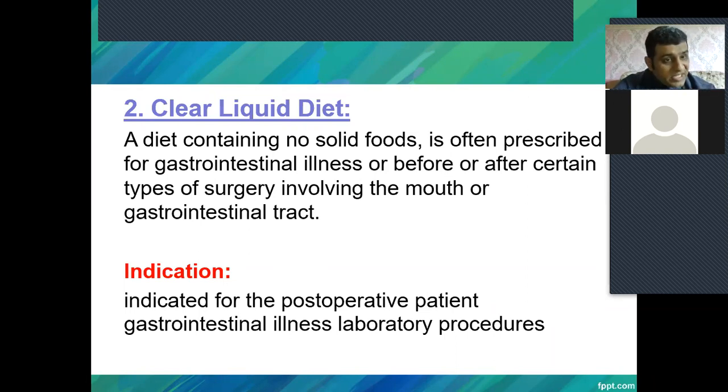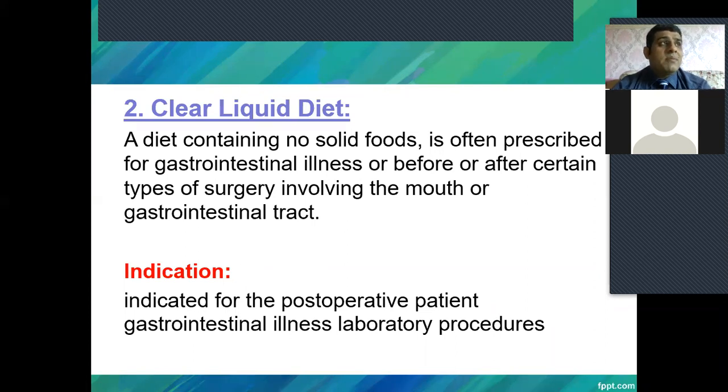After surgery we can give a liquid diet. Then gastrointestinal abnormality, digestion problem, or diarrhea, sometimes bloody diarrhea, blood is coming, sometimes to make the stool soften, we can add a liquid diet for the patient. Sometimes the patient's digestive system is not working properly.